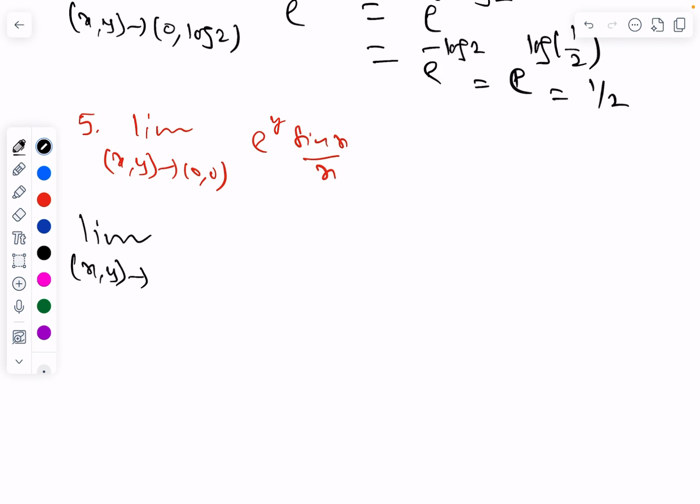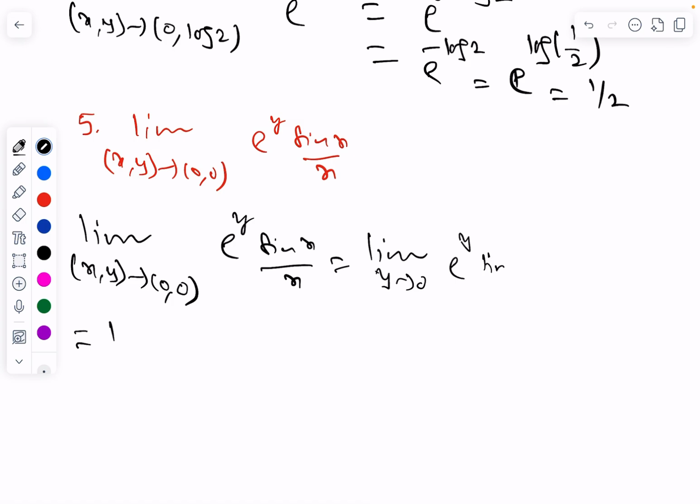We can write this as limit y tends to 0 of e power y, and limit x tends to 0 of sin x by x.